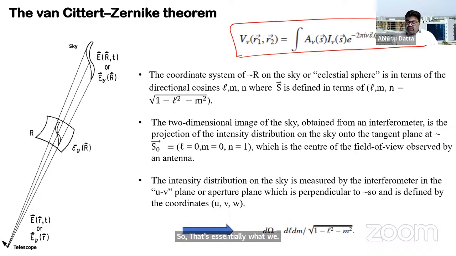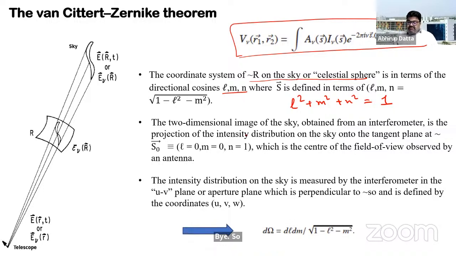Okay, now let's redefine the coordinate system on the sky in terms of something called direction cosines, L, M, and N. So L, M, and N have a relationship where L square plus M square plus N square is nothing but equal to 1. Okay, so two of them are independent, one is dependent on the other two.